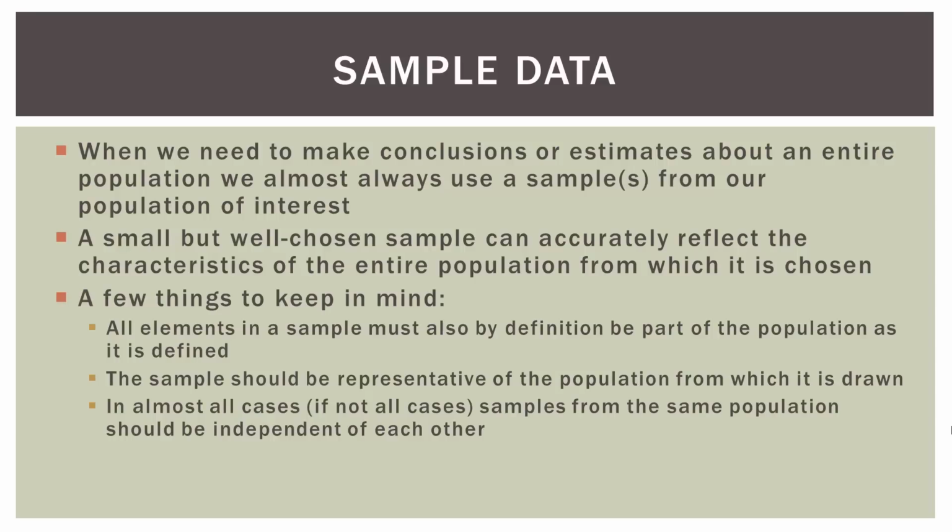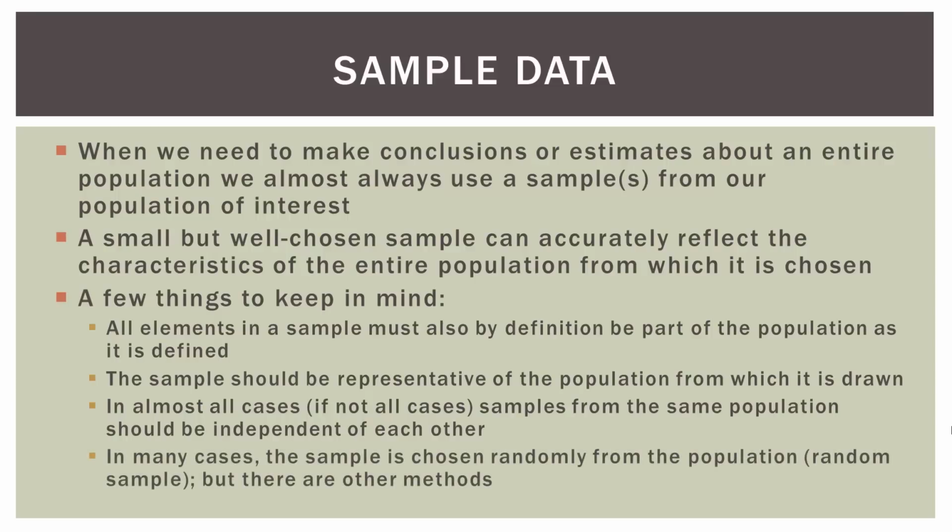In almost all cases, if not all cases, samples from the same population should be independent of each other. That's a more complex idea, and I'll try to clarify it in the next slide. Now, in many cases, the sample is chosen randomly from the population. We call that a random sample. However, there are other methods for doing samples, but for now we're going to focus on the random sample.